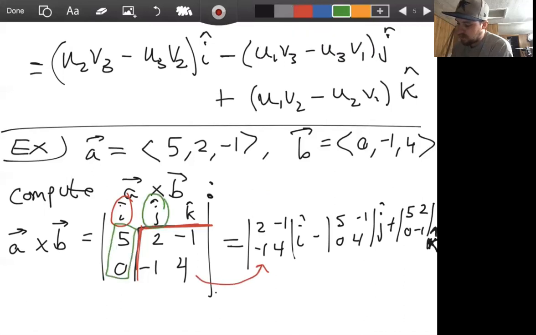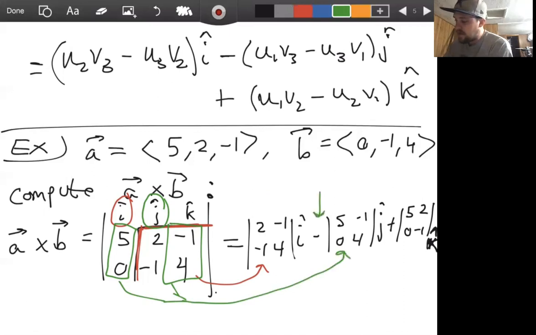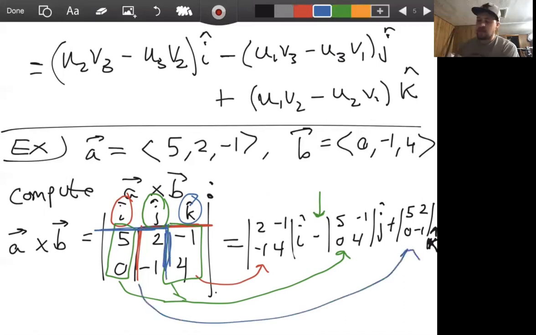We delete the row and column that J belongs to, and then we find the corresponding submatrix. Remember, the second term is always a negative. And then we do the same thing for K hat. We delete the row and column that K belongs to, and look at what's left. And what's left is 5, 2, 0, -1. And this is what we did here.